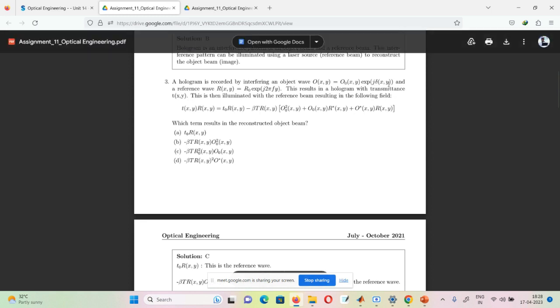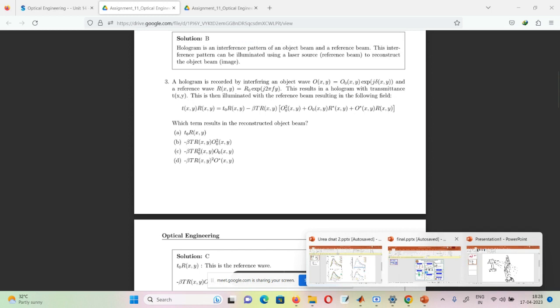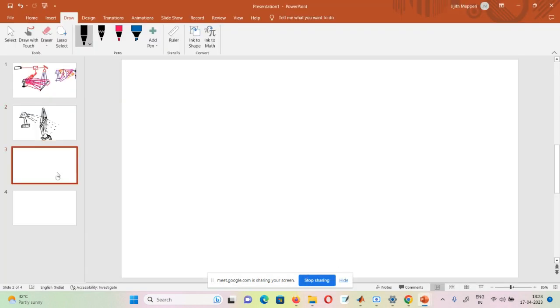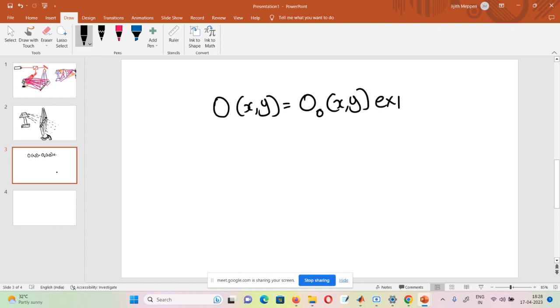So it's like this is object A. I'm saying O0(x,y) is not a complex term, because now I am adding the exponential j. That j or i, it's not a problem.